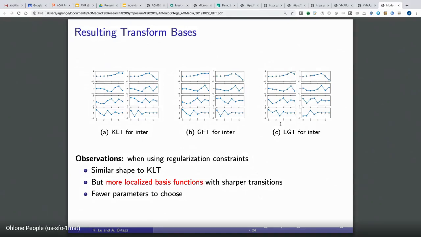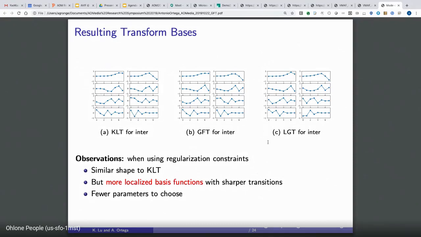We don't have an outcome where we use this in a more practical setting, but what it means is that maybe some transforms that are localized, sort of like wavelets, might be useful for some residual blocks.